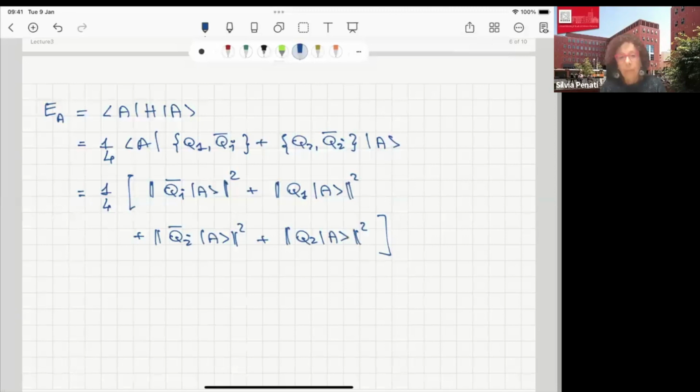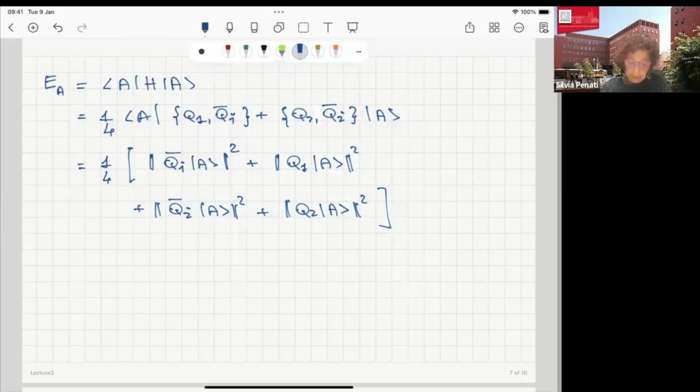Still, because Q bar is the complex conjugate of Q. Okay. This is a very interesting result because what we find is that the energy is the sum of non-negative quantities. So what we can conclude is that the energy for any generic state A belonging to a supersymmetric theory is always greater or equal to 0. It cannot be negative.